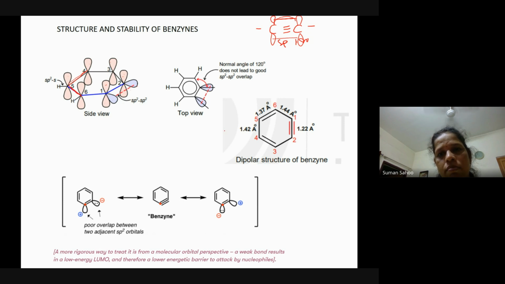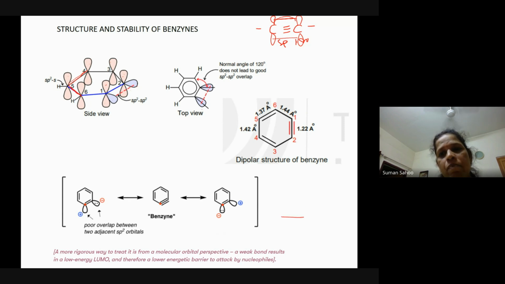Because the sp2 orbitals are at 120 degrees to each other, they are not good for overlap, but still there is a double bond between them. Or rather, you can say that there is a poor dipolar character, like one orbital having positive charge and the other orbital having negative charge. So although you are having a triple bond here, it acts as an electrophile, because it has a very low energy LUMO.